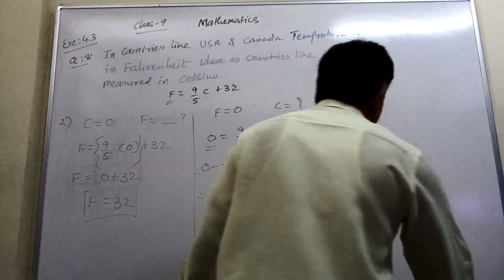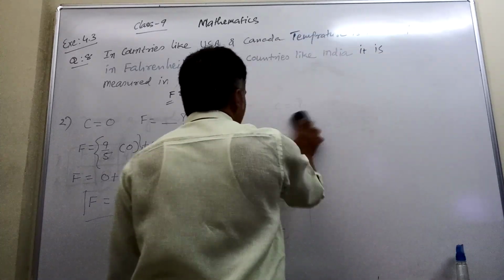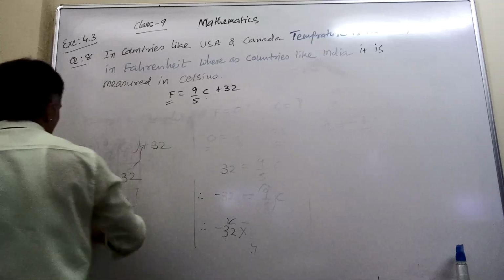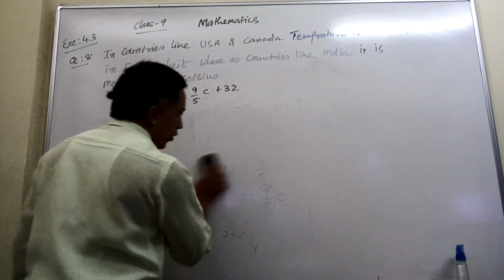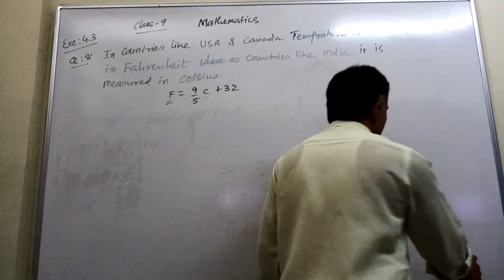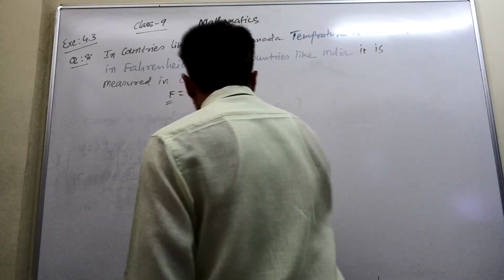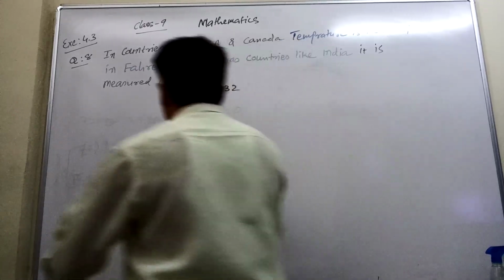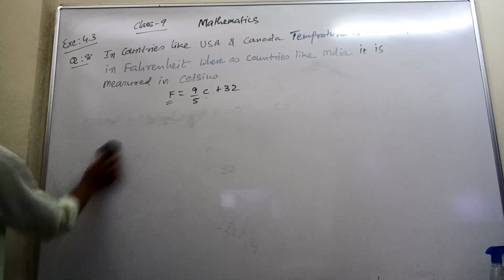Now the next condition is very much interesting, and that is for which numeric value of Celsius and Fahrenheit is equal. I am repeating, for which numeric value of Celsius and Fahrenheit is equal.